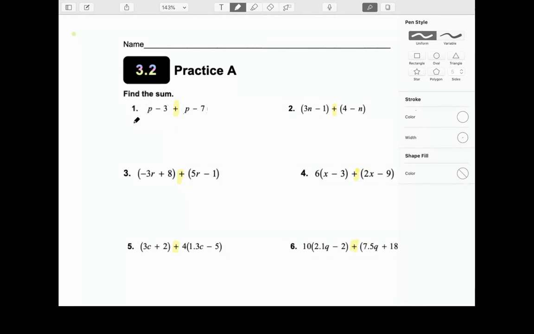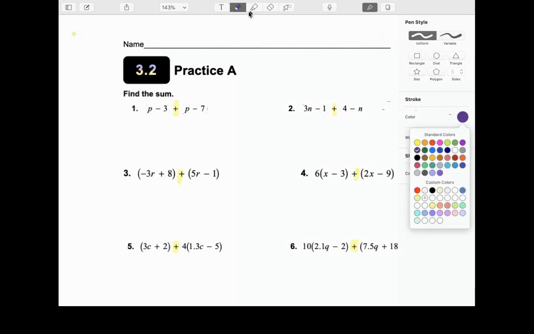Now, there will be some where the number's being multiplied, and that's going to be a different case. But we could look at these problems in the most basic form, without the parentheses. And then these are the same type of problems we've been doing with simplifying expressions.